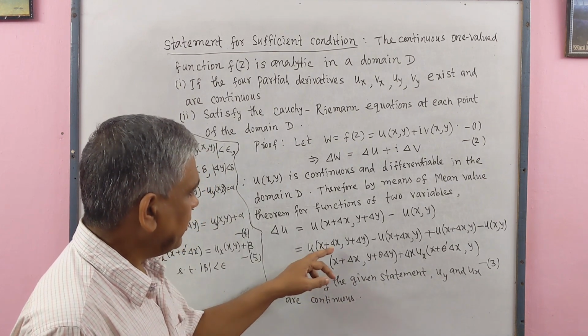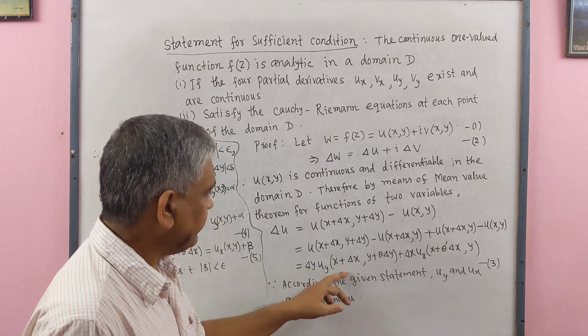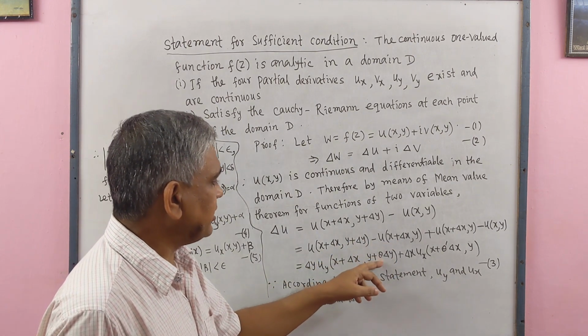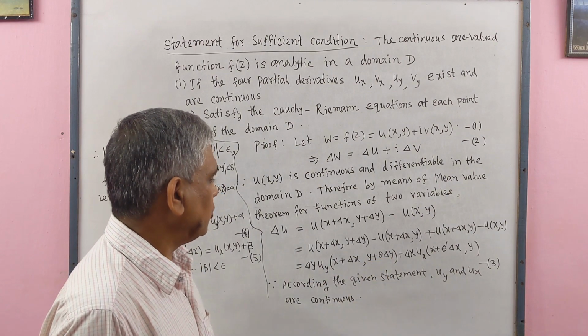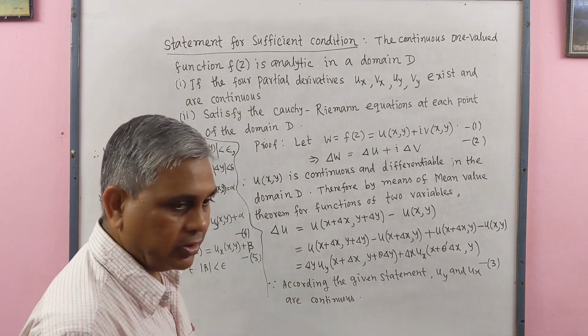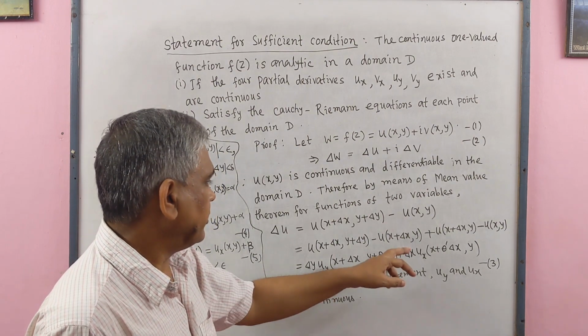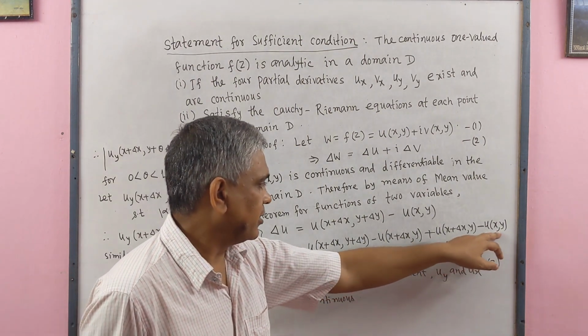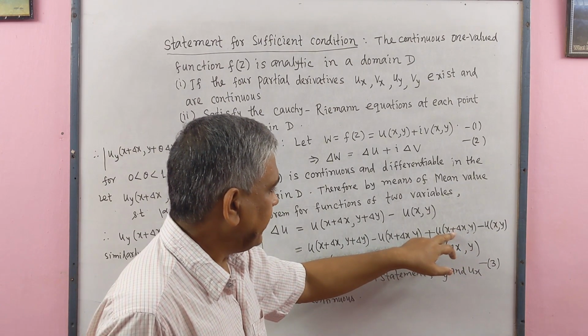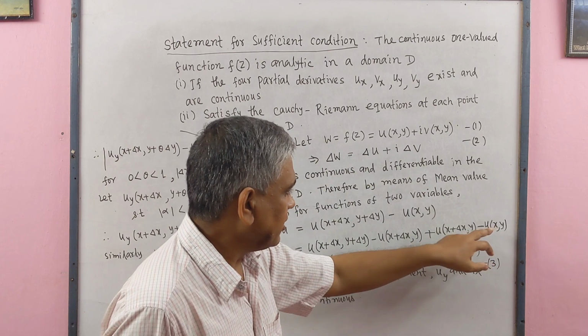So we may write this delta y, partial derivative of u with respect to y, uy, that is x plus delta x, same. Here we write y plus theta into delta y, where theta lies between 0 and 1. Now this part, here we see that x plus delta x and here x.